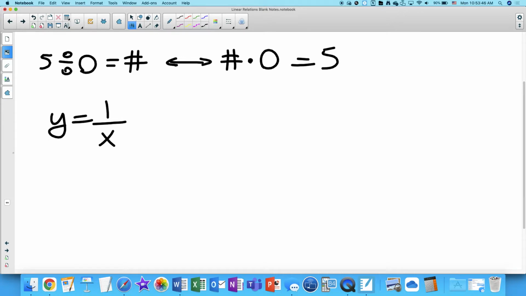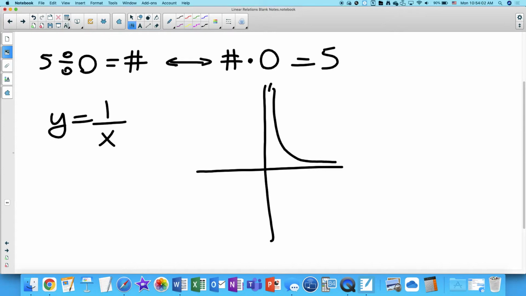So that's pretty simple. If, though, you want x to be 0, and you look at what happens at the graph, as you come towards 0 on the right, these values shoot up towards infinity.